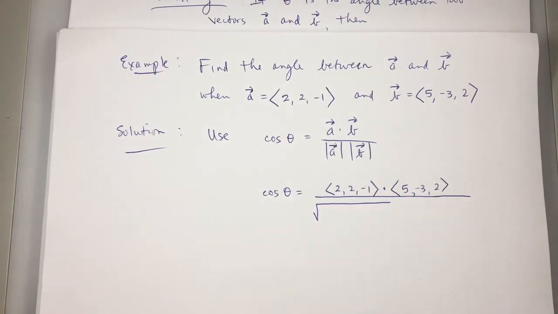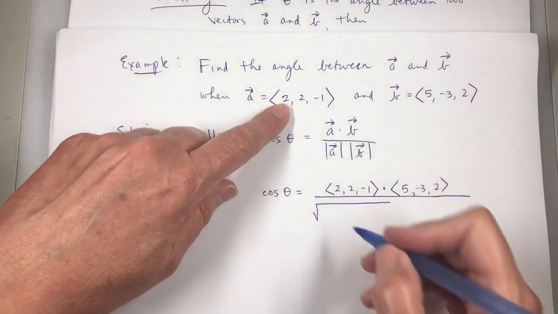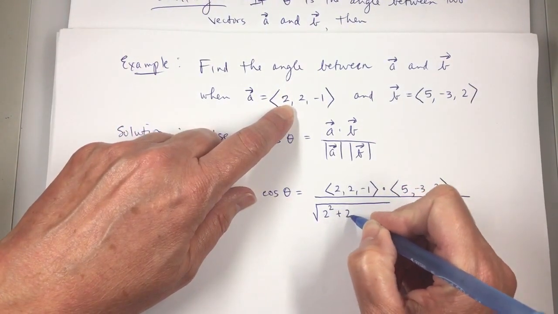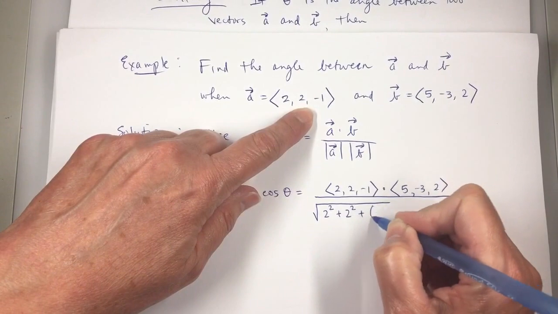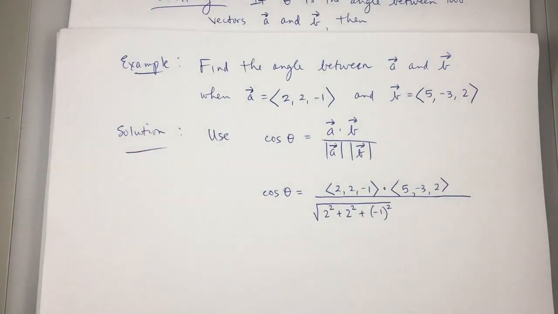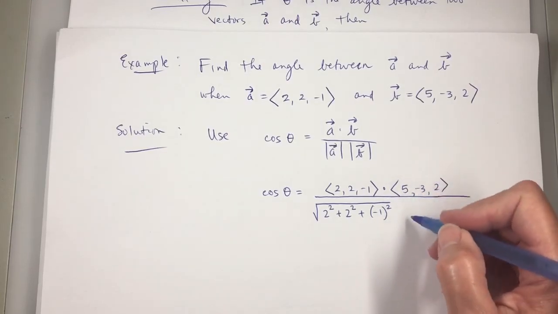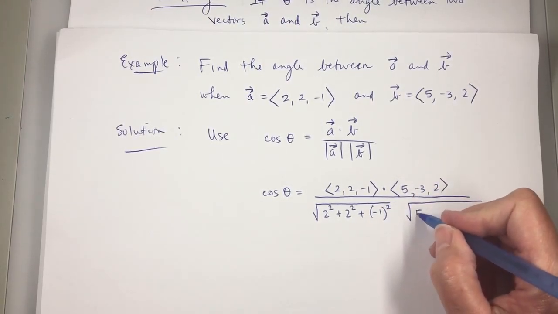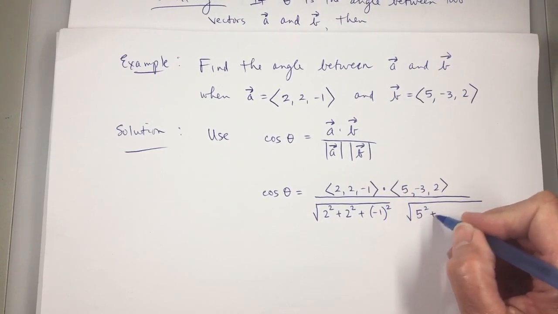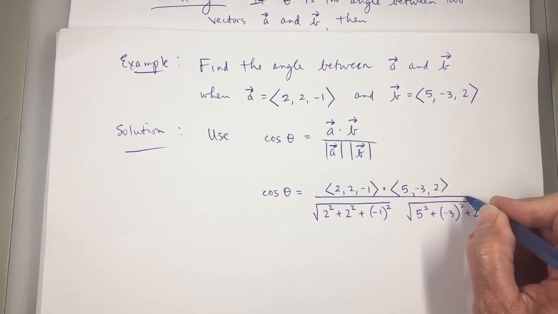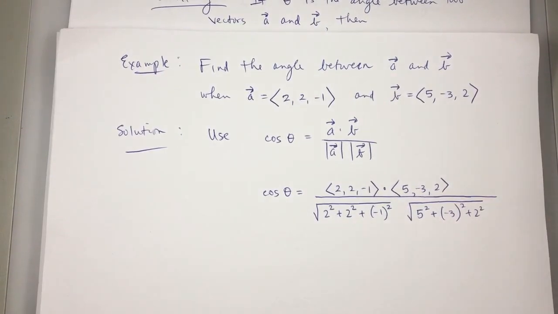The magnitude of A will be the first component squared plus the second component squared plus the third component squared. After you add that, square root it. And then I'm going to multiply that by the magnitude of B, which would be 5 squared plus -3 squared plus 2 squared, and then square root that sum.